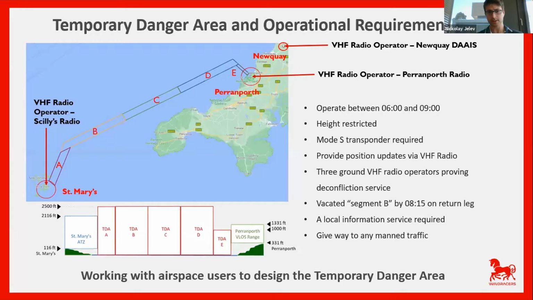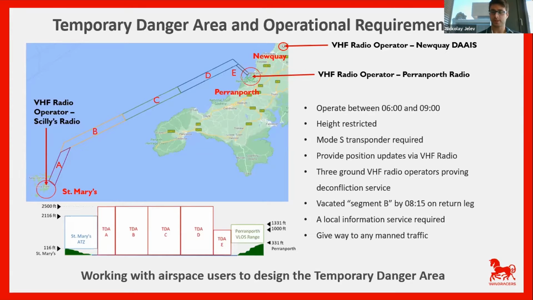So if I talk you through the operations, we broke down the temporary danger areas into a number of segments. The aircraft on its outward journey was positioned at an airfield on the coast called Perranporth, and there was a radio operator based at Perranporth to provide deconfliction services in the local area.